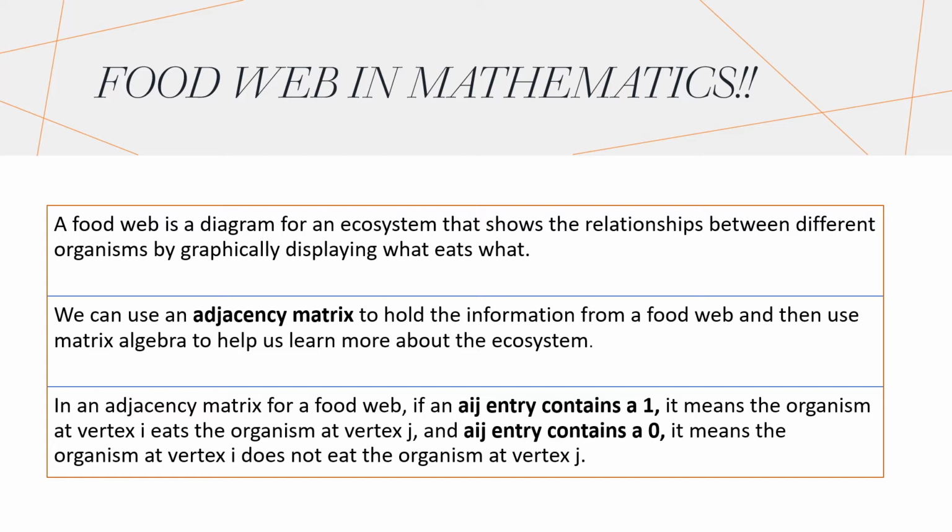In this matrix, we list all the animals of the ecosystem in the rows and columns, and we represent the rows with I and the columns with J. If any organism I depends on another organism J, it is represented by placing 1 in the cell Aij, and all the cells where animal I is not dependent on the jth animal are represented by placing 0 in that cell.